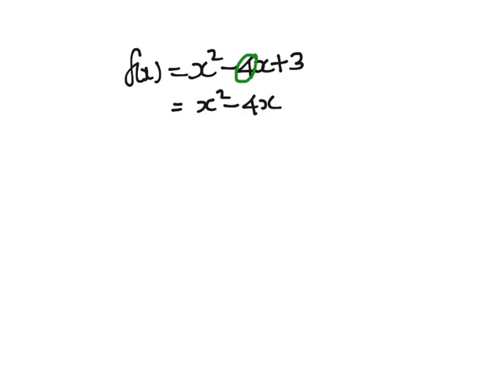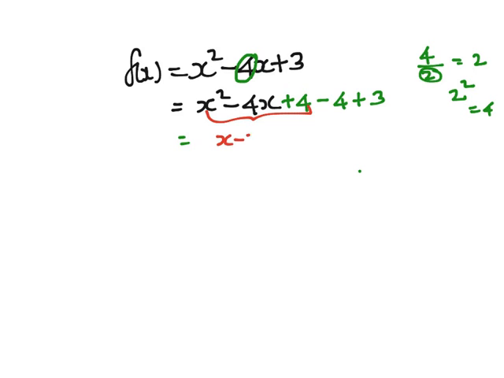I'll divide 4 by 2, always by 2, so I get 2. Then I'll square 2, which gives 4. So I'll add 4 and subtract 4 plus 3. This part will give me x minus 2 the whole square, and this part will give me minus 1.